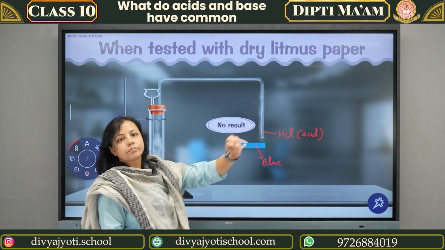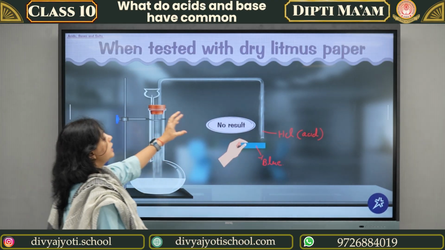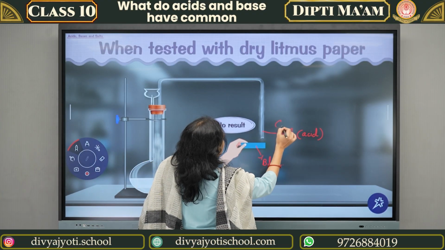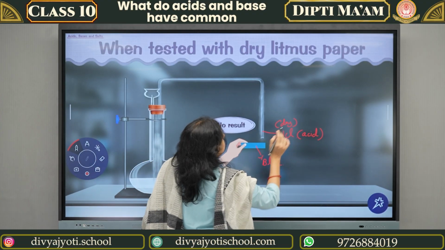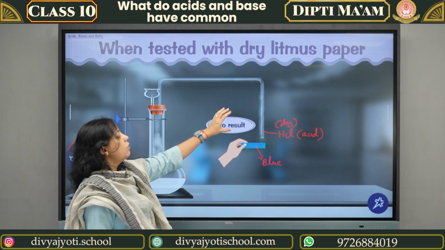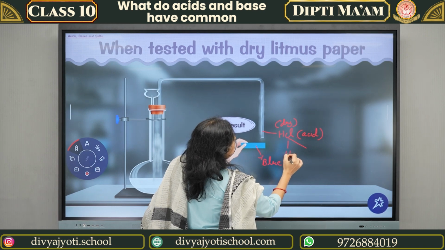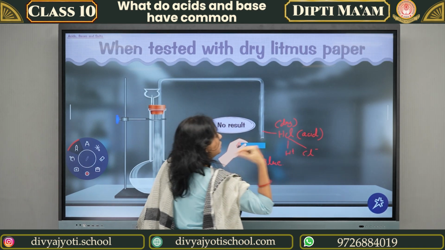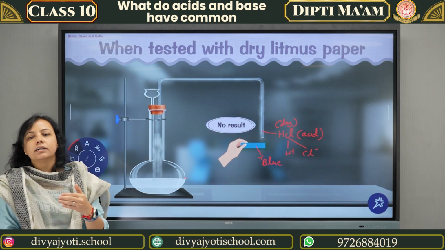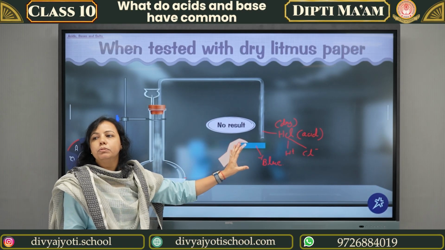Why? Yes, very good. The HCl gas which is coming out is dry HCl gas. Here the water particles are not present, and if water particles are not present, then the splitting of the ions cannot be observed. So if H plus ions are not produced, then you cannot see any color change of the blue litmus paper.